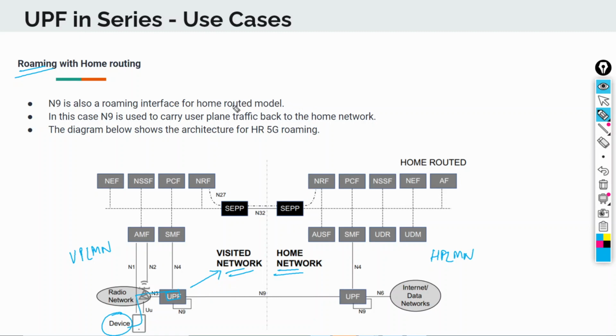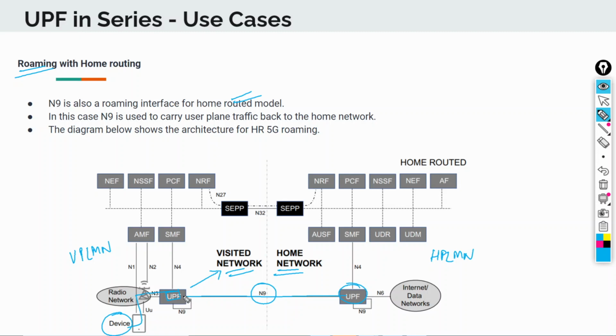However, in case of a home routing model, which is one of the flavors of roaming, as we had in 4G as well, this traffic will be sent over to your home UPF. And this is done by using the N9 interface.